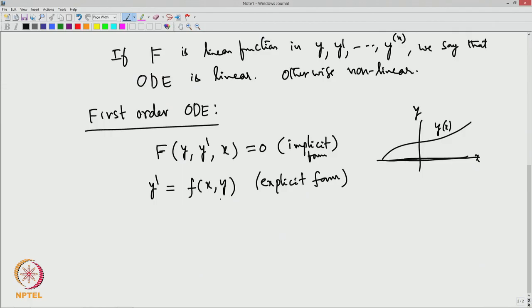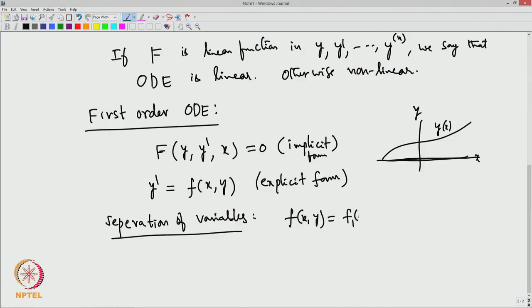So, now we start with the first method, the separable method, separation of variables. What does it mean? If I have f of x, y equal to something like f1 of x into f2 of y, then the variables x and y are separated.